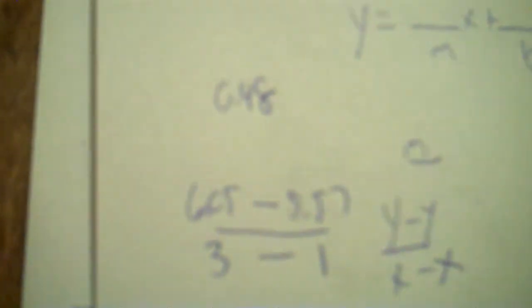So 3, I want to pick my highest x value, 6.05 over 3, and then 5.57 over 1. So 6.05 minus 5.57 is 0.48. Now divide that by 2, and that's 0.24. You want to divide this even if it's a decimal.